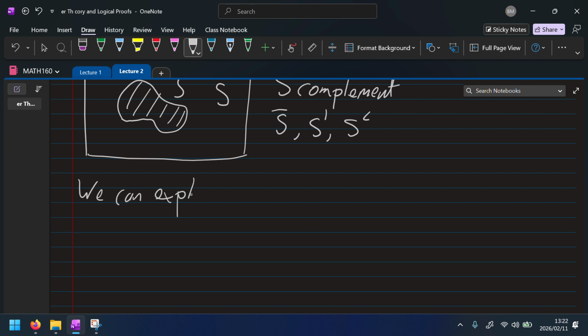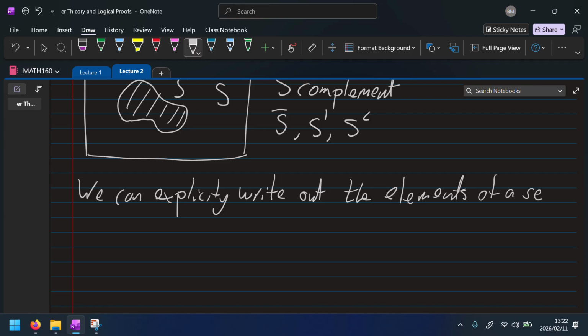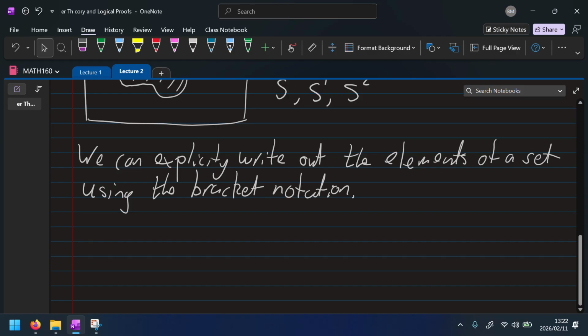We can explicitly write out the elements of a set using the bracket notation. Okay, so let's say we have a set S. It has some elements in it.